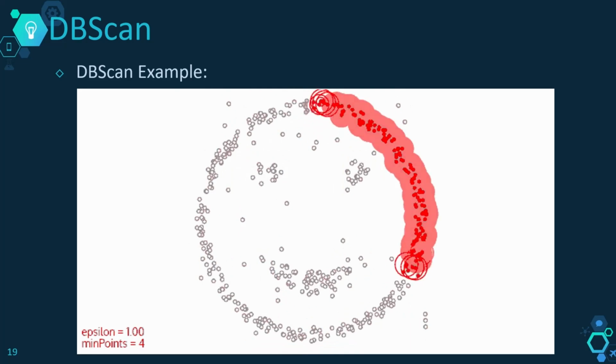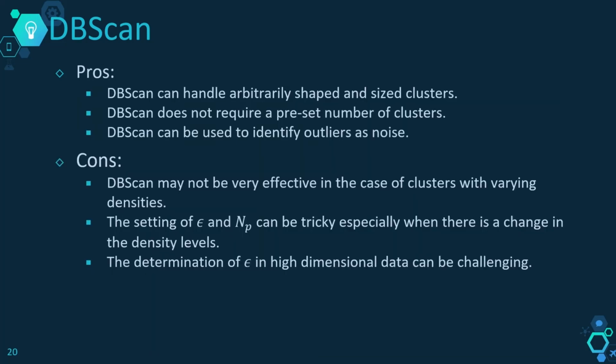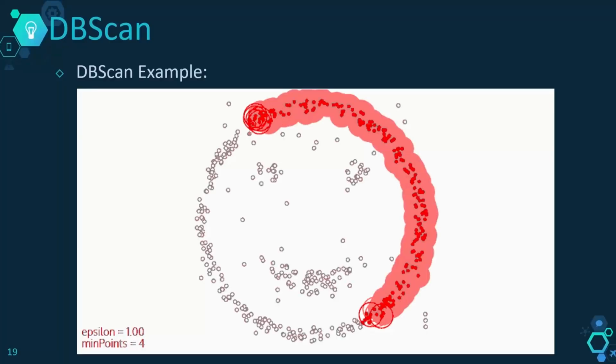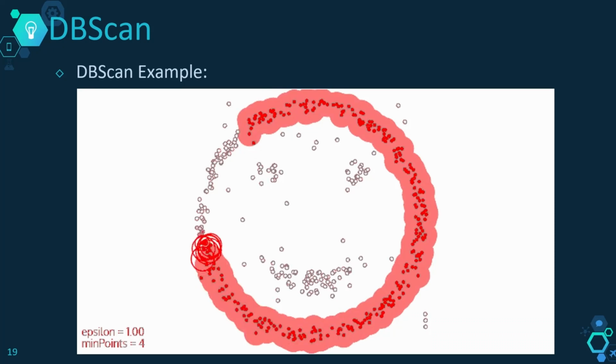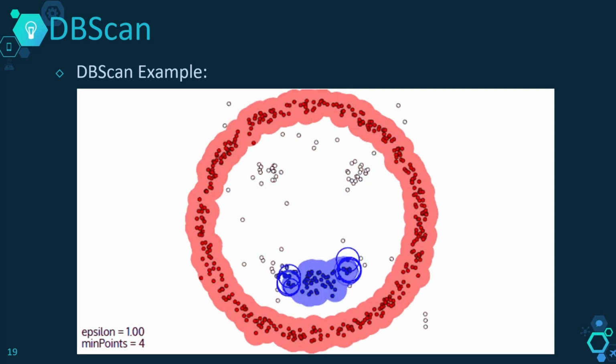All right, that's it. And for advantages and disadvantages, DBSCAN is good because it can handle arbitrarily shaped and sized clusters. If you go back to the previous one, you can see that it forms a very strange cluster shape. It can handle that because it's not based on distance to centers like k-means, where everything needs to be evaluated for its distance to the centers.